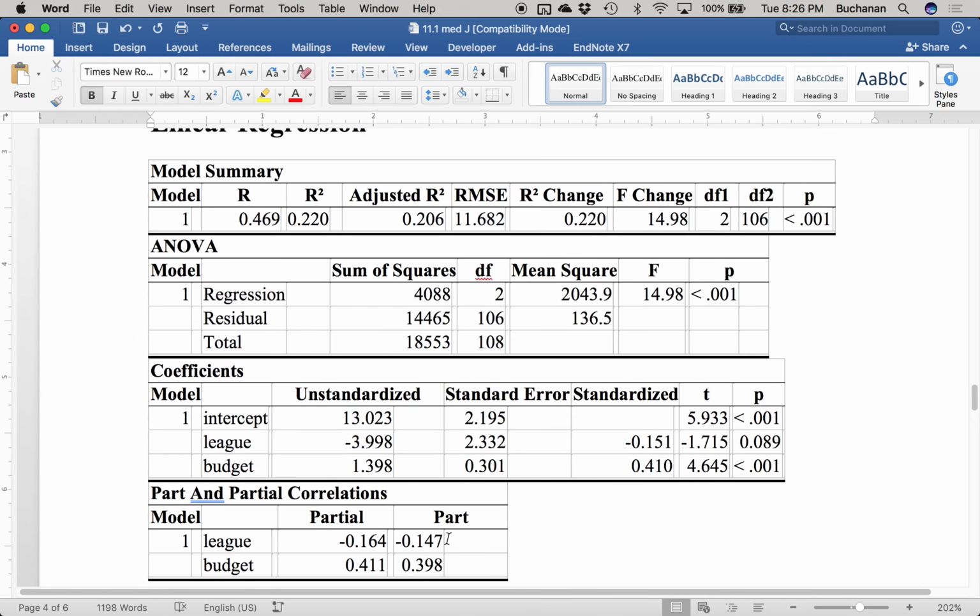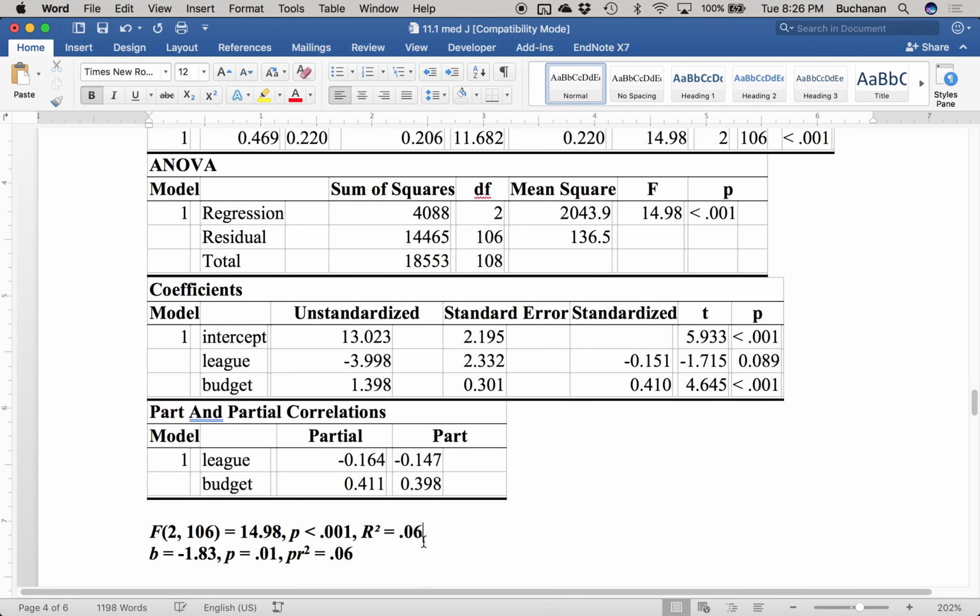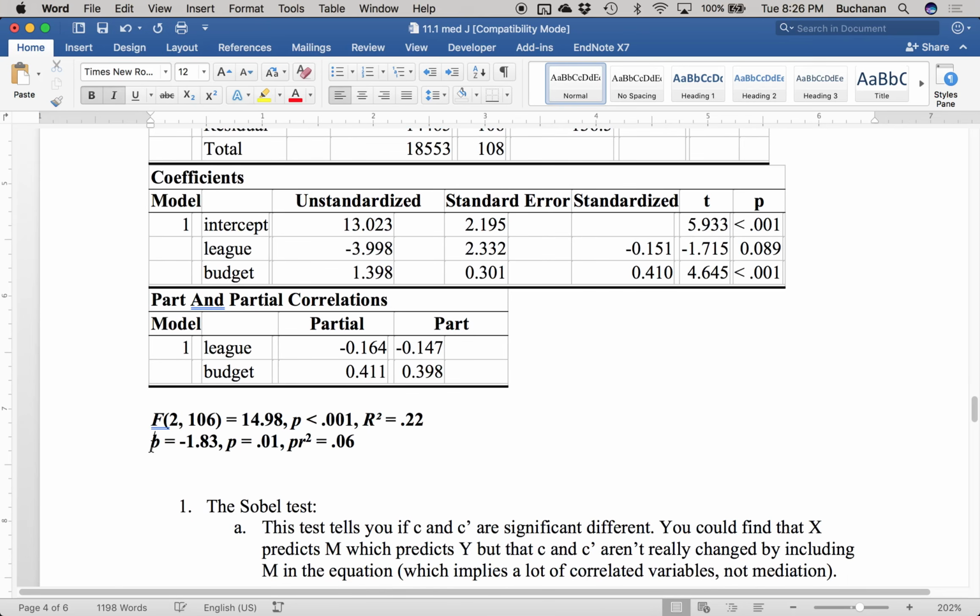And R squared for both of those variables together predicting Y is shown here. Now let's look at the B values. We're going to need 2 of these. Let's do budget first. That's M predicting Y, which is the B path, not to be confused with B as in the slope label.